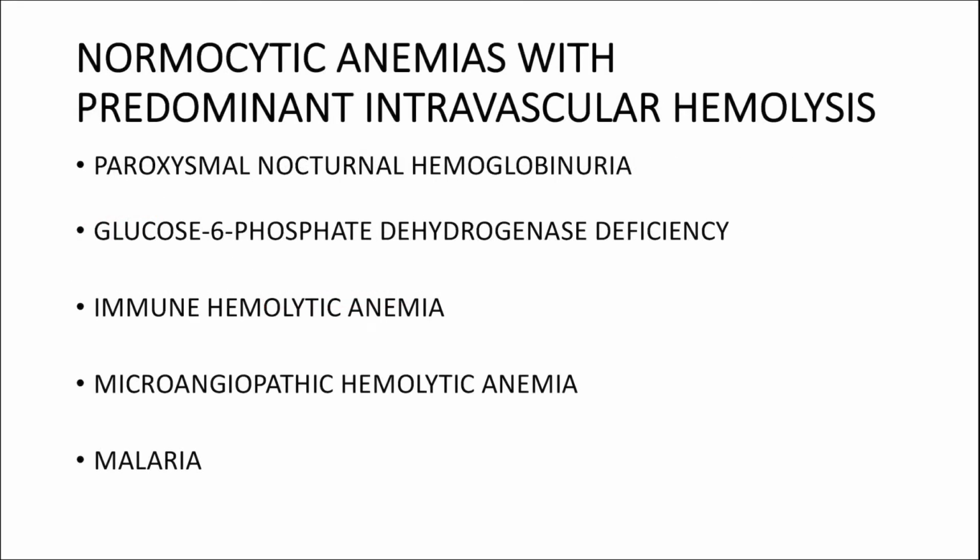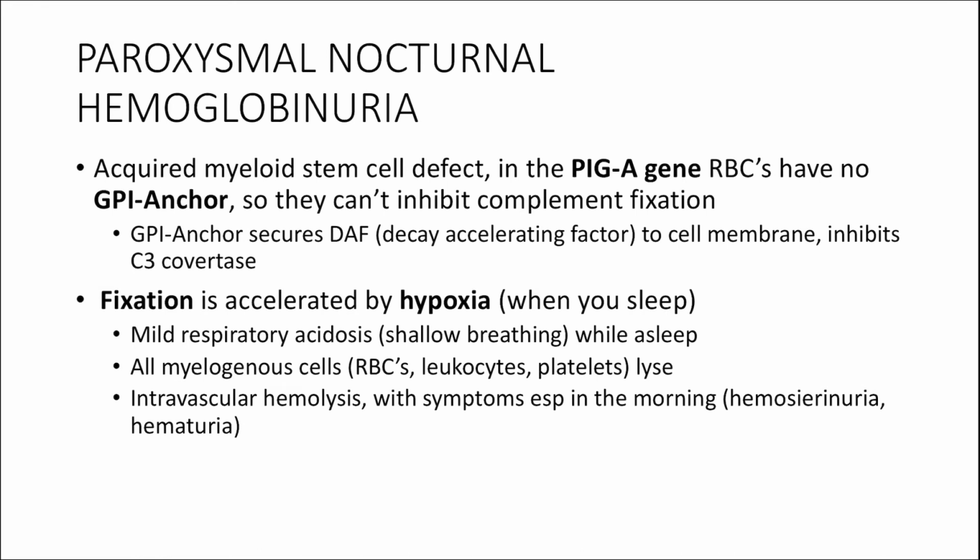Let's talk about normocytic anemias with predominant intravascular hemolysis. First one is paroxysmal nocturnal hemoglobinuria, which basically means that you have hemoglobinuria, or hemoglobin in your urine, at night. So this is an acquired myeloid stem cell defect, and basically there is a defect in the PIGA gene.